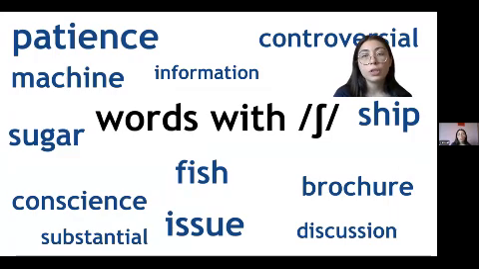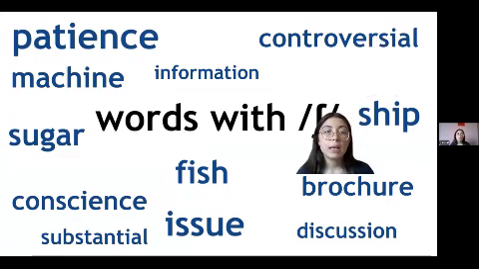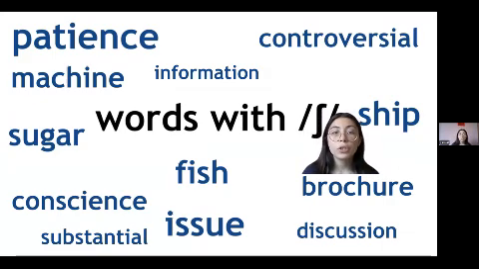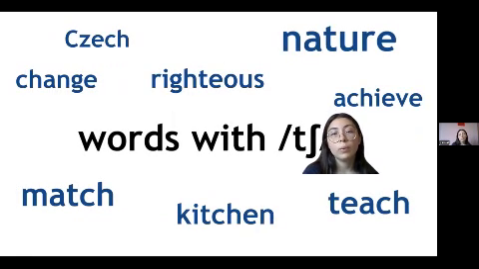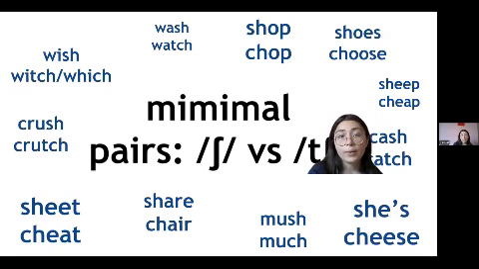Now, words like patience, machine, information, controversial, sugar, fish, conscience, substantial, issue, brochure, discussion. Now we're going to look at words with change, righteous, nature, achieve, teach, kitchen, match. And now we're going to compare them.